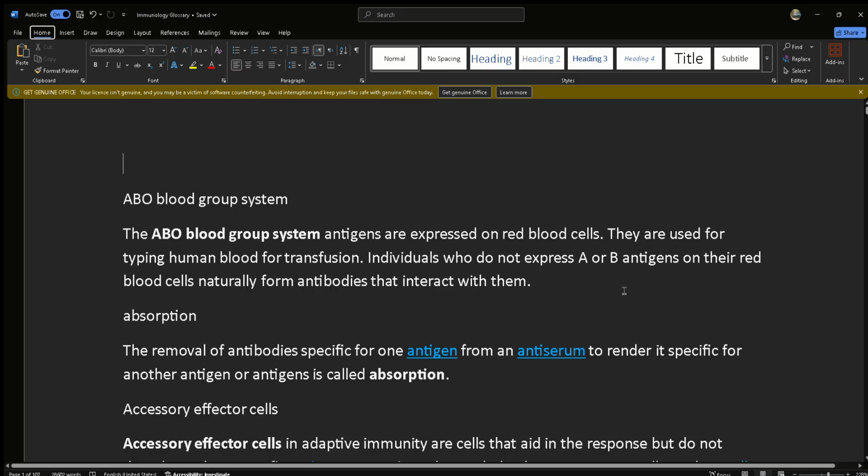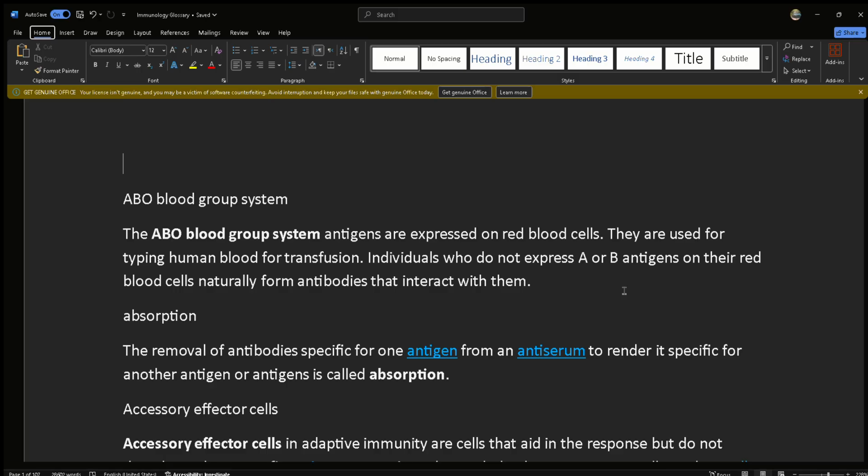They are used for typing human blood for transfusion. Individuals who do not express A or B antigens on their red blood cells naturally form antibodies that interact with them.